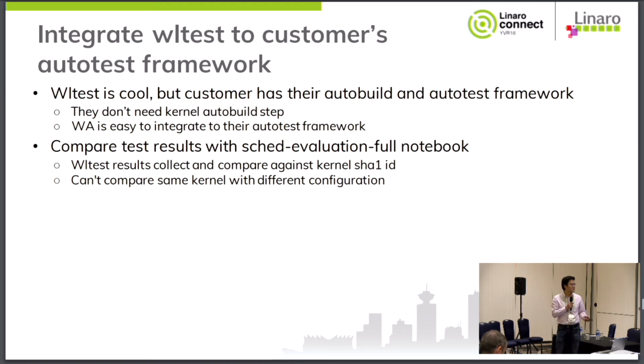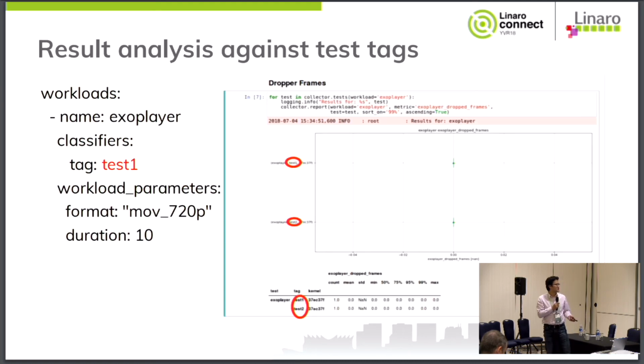So besides the kernel version and the SHA-1 ID compare, we can classify the tests with a test tag, like test 1 and test 2. Then in the scheduler evaluation notebook, it can compare different test tags.